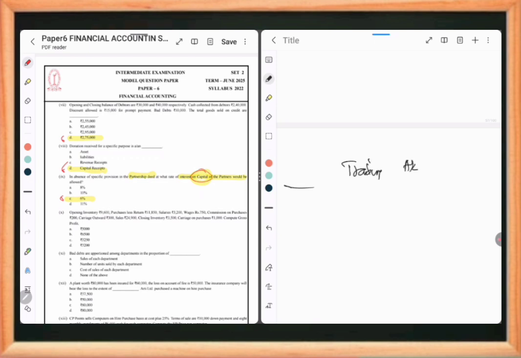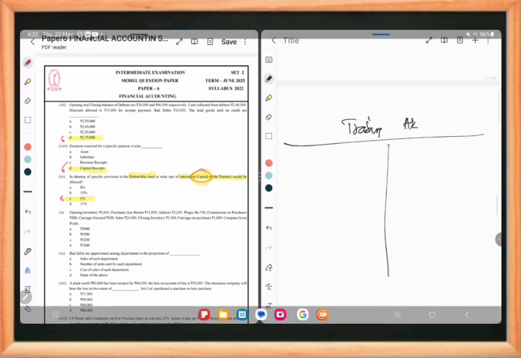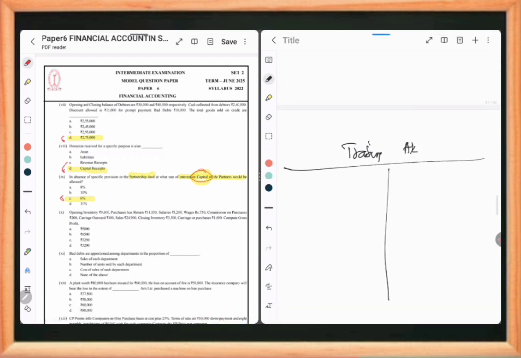In the trading account, to opening stock, 9,600 rupees, and then purchases less returns, 11,850. Salaries will appear in the profit and loss account.